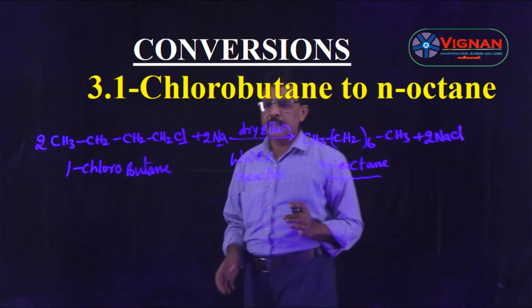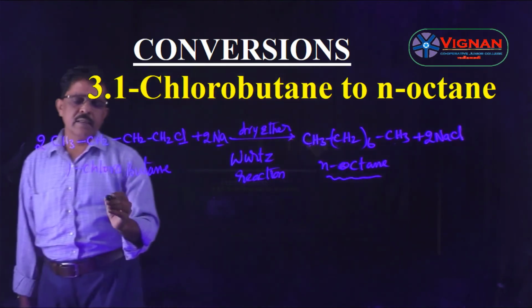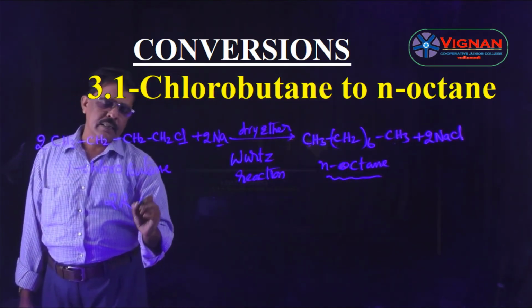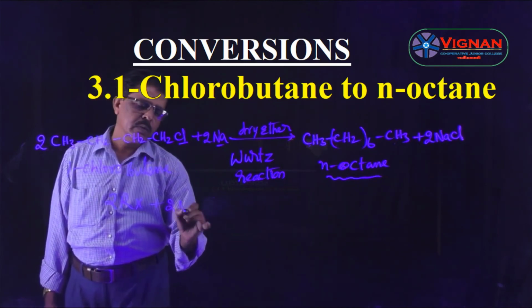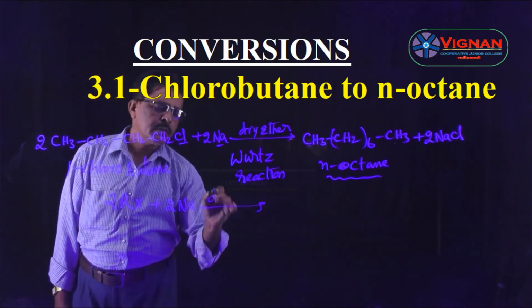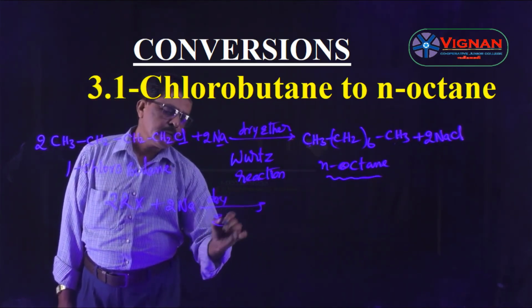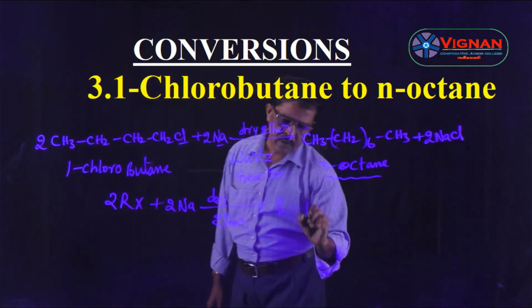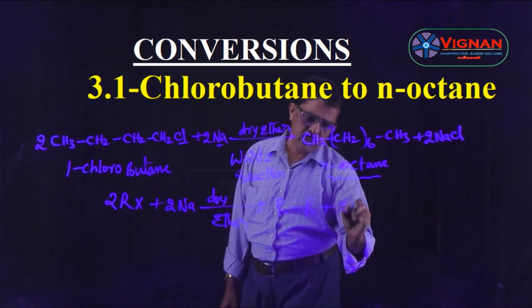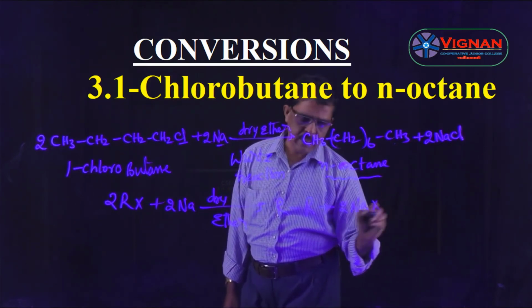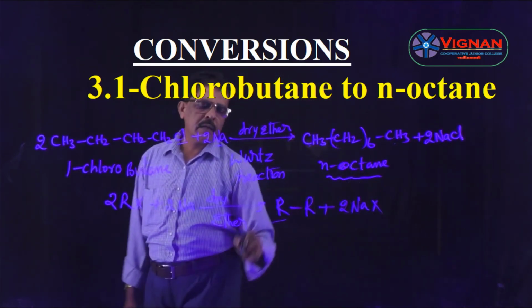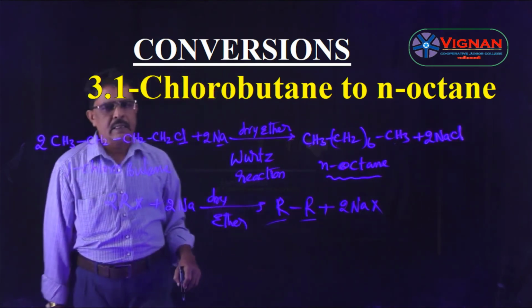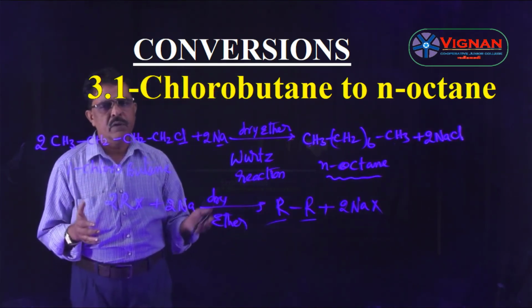So what is the general equation for Wurtz reaction? 2RX plus 2Na in the presence of dry ether, then you will get R-R plus 2NaX. Right, understand? Here one alkyl group, here another alkyl group attached to each other to form higher alkanes.